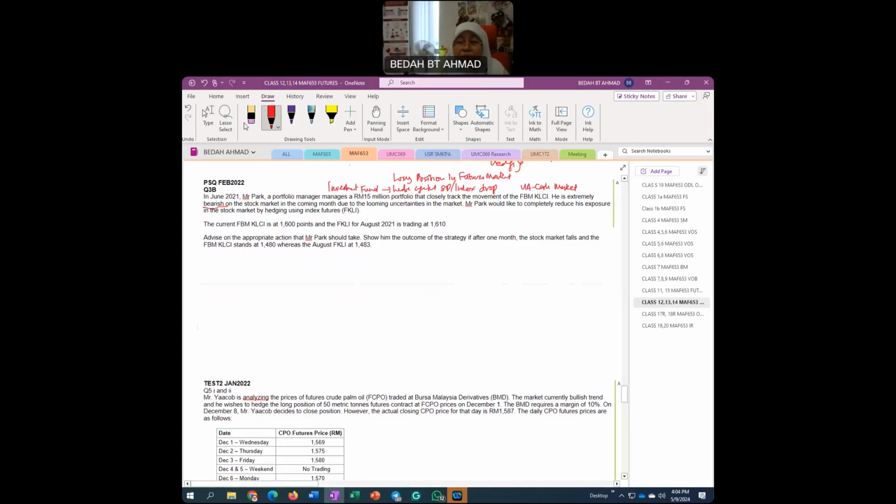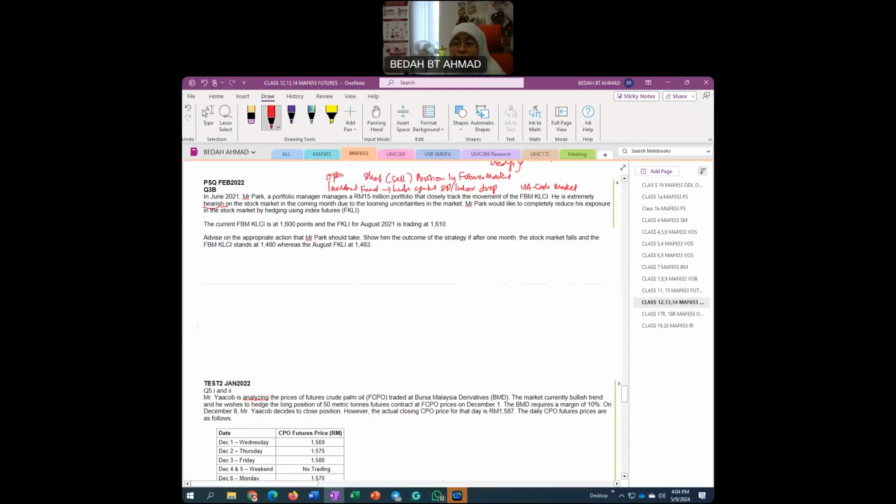Sorry, not a long position but a short position against a price drop, which is similar to a seller. But later he will buy when the price actually drops. So it's a short or sell position in the futures market now.